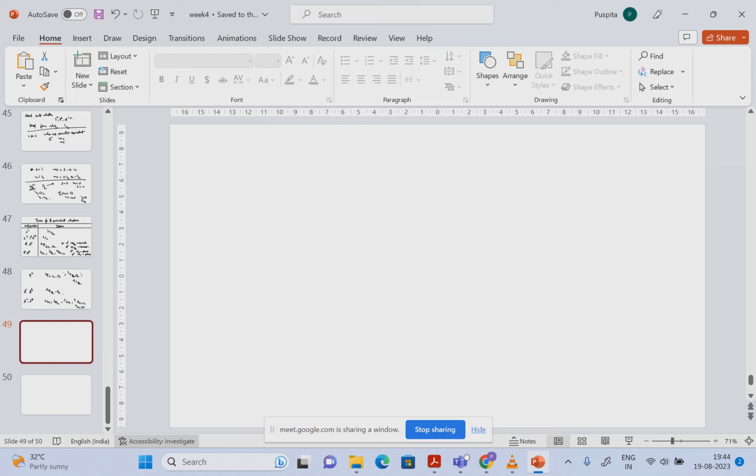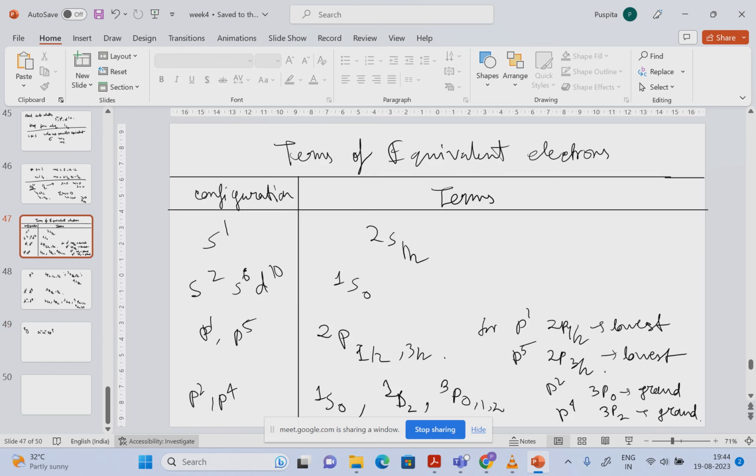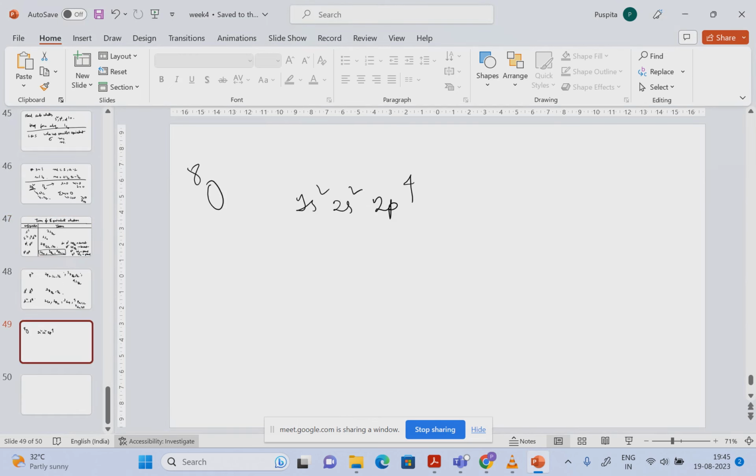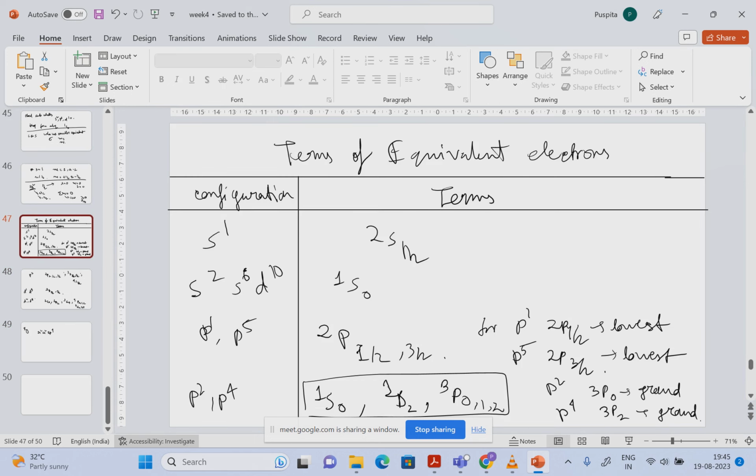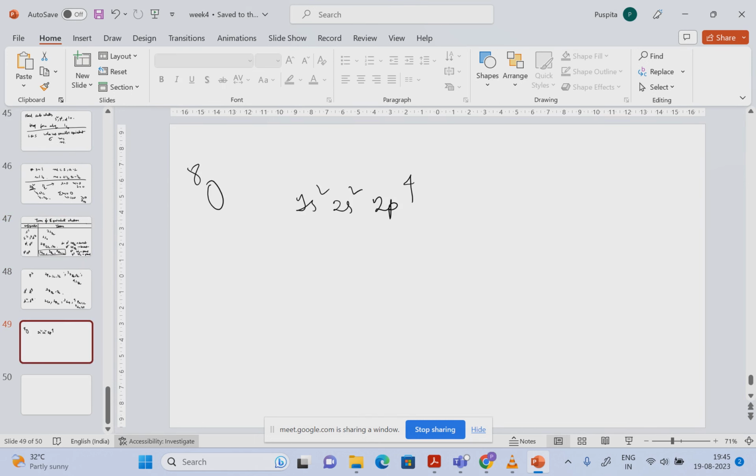So now from this we can write the terms of any atom. Let us say oxygen. Oxygen is 1s2 2s2 2p4. So we need to write these terms, because I have already mentioned that 2p4 will have these spectroscopic terms: 1S0, 1D2, and 3P0, 3P1, and 3P2.